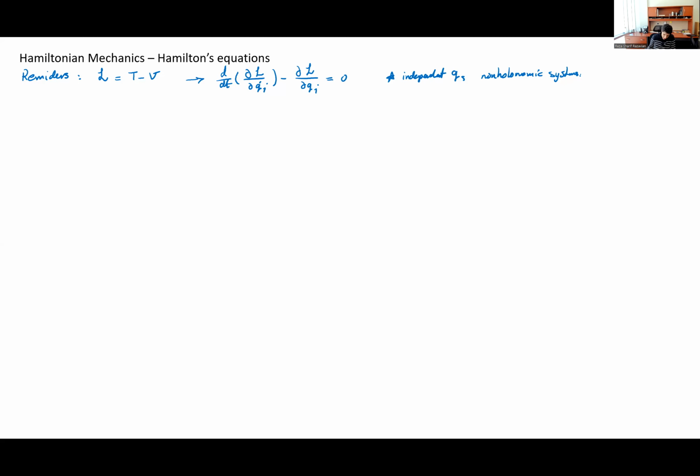Also maybe a reminder, maybe a new definition, depending on how you want to think about it. We had partial L, partial q dot. We had seen this before. This is what we call pi, the generalized momentum.